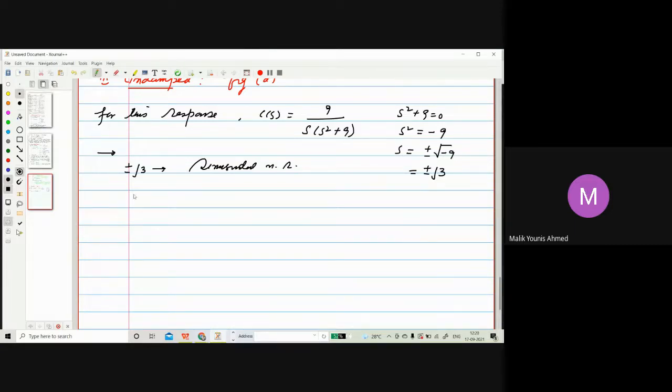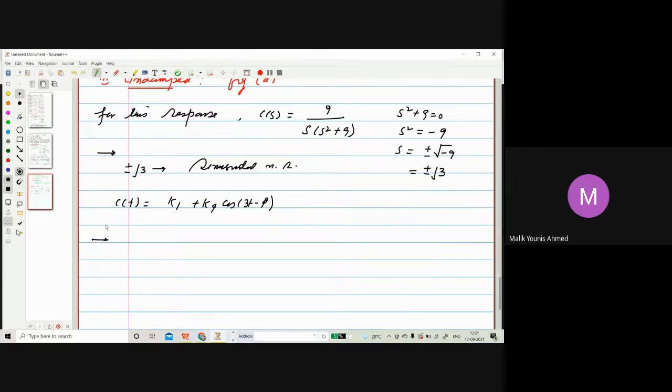Why? Because if we write it without partial fractions, that response will be something like k1 plus k4 cos of something, which we will derive, you don't worry about this. In this case, note one thing: the absence of a real part. This is very important here.